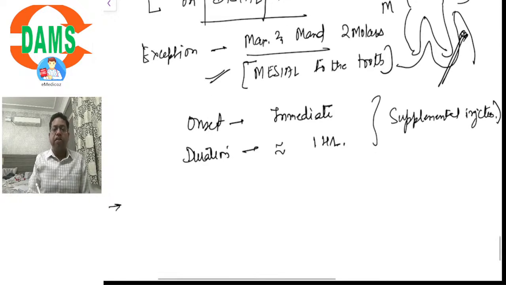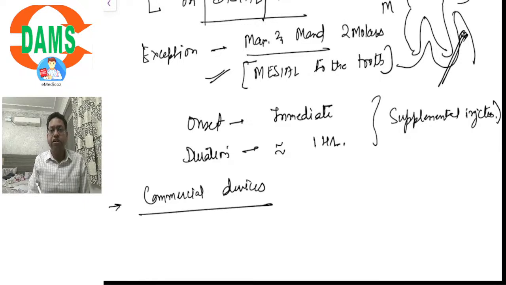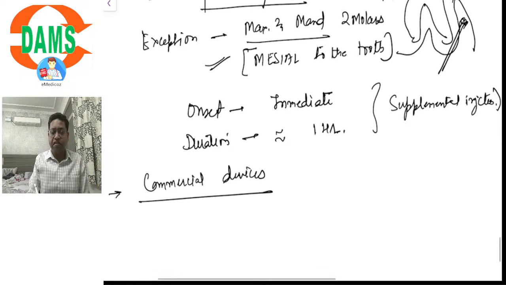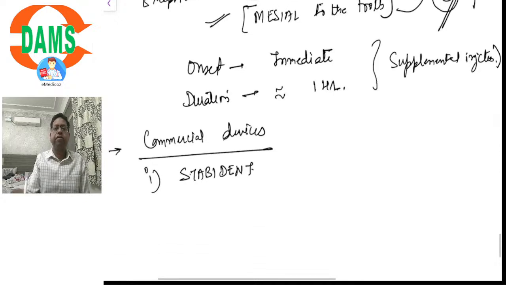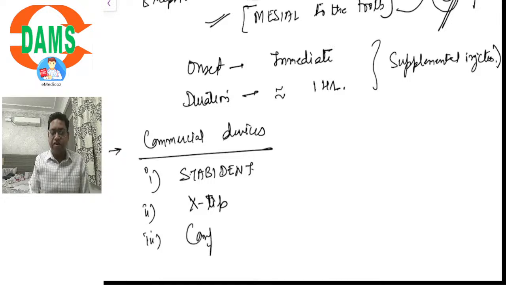Now, what are the different types of commercial devices available for this? For giving intraosseous injections, we have different devices available in the market like Stabident, the X-tip system, and the comfort control syringe.